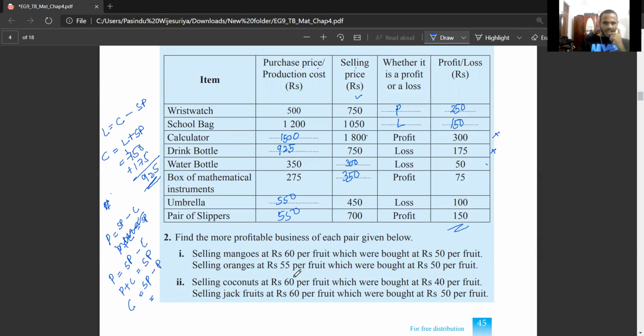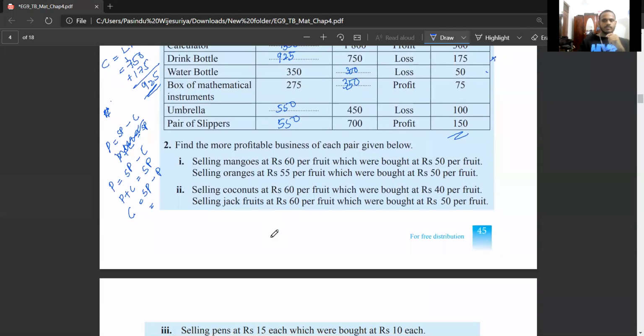It's done. Find the more profitable business for each pair given below. In this type of question, you can use the calculation and prove which one it is.